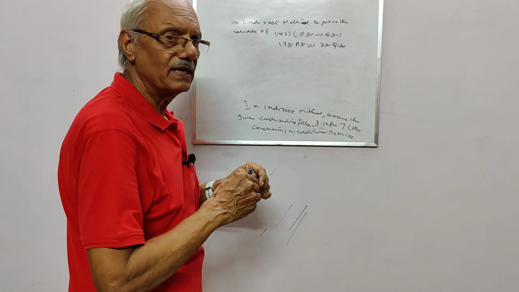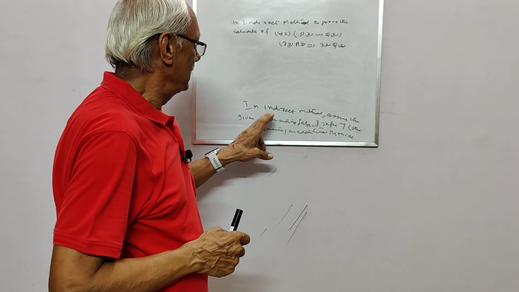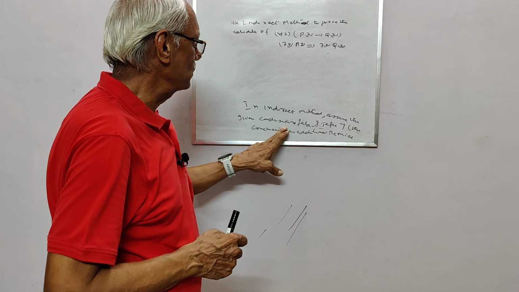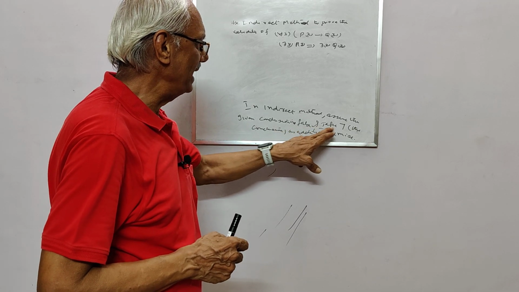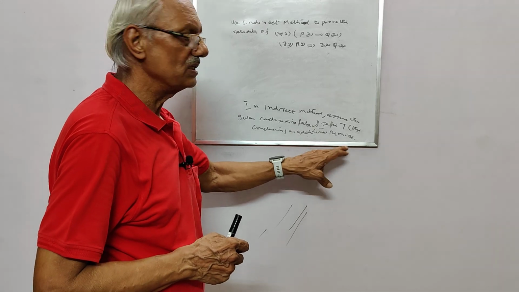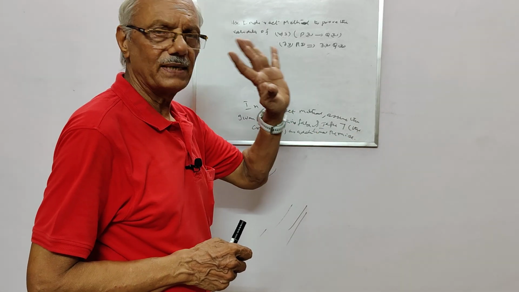So I have written it very clearly here that in indirect method, assume the given conclusion is false and take negation of the conclusion as additional premise and prepare the argument.